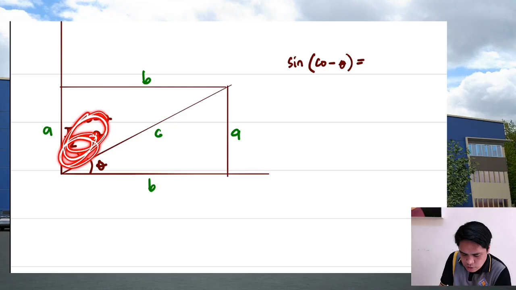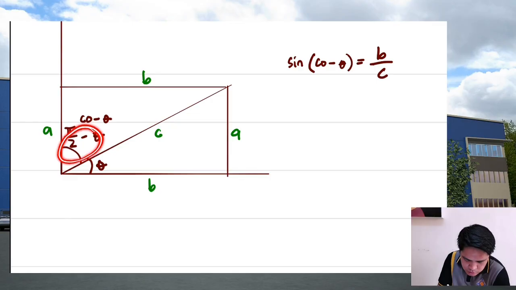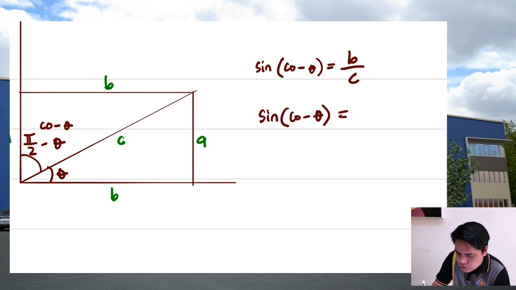So, sine is opposite, so that's B over hypotenuse. Ito, yun pa rin yung hypotenuse. So, ang opposite ng angle na to, ng complement ng theta is ito na, yung B na. Diba? So, B over C, that's cosine. So, therefore, the sine of the complement of theta is just equal to cosine theta.